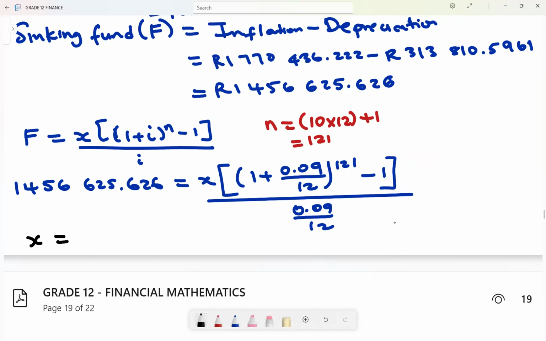Please confirm with me on your calculator that I did not make any silly mistake. So per month, these people will need to save this amount. Each and every month, you need to save this for the next 10 years to reach this amount.